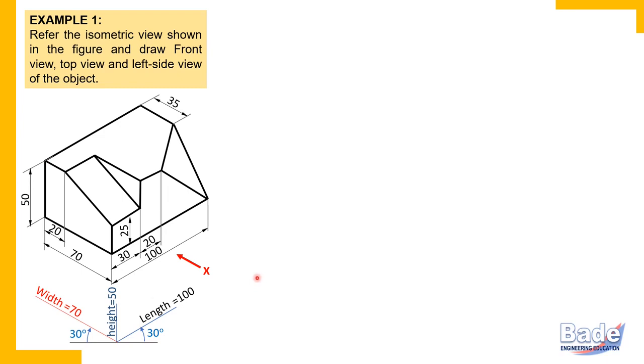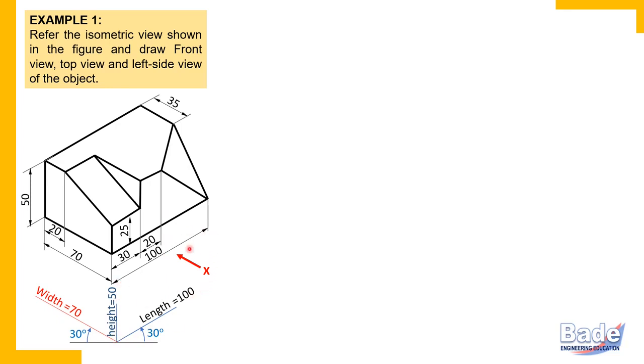So remember once again, when a three-dimensional object, pictorial view or isometric view, is in front of you, and you wish to draw its orthographic views, what are you going to do? Decide the length, width and height axes.